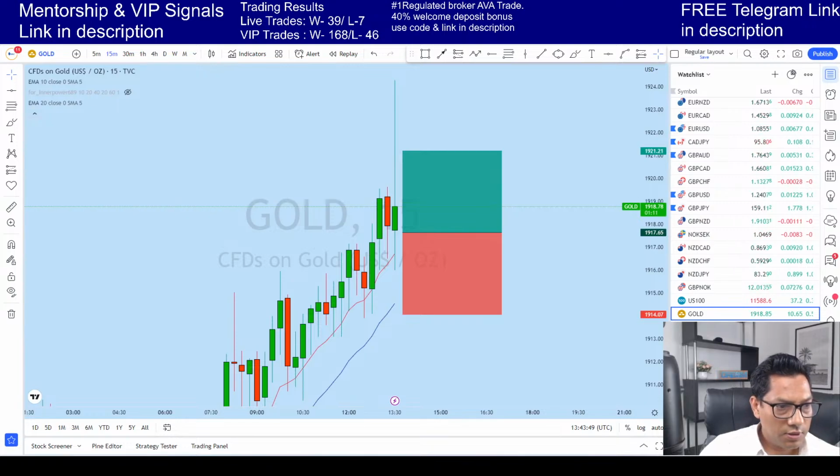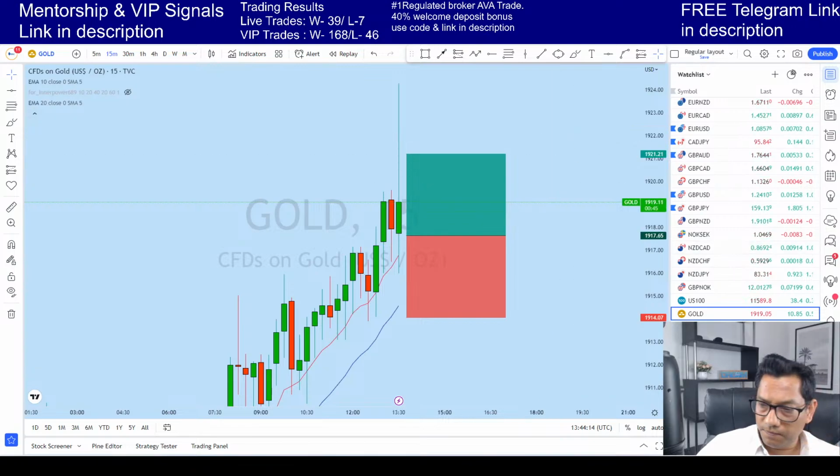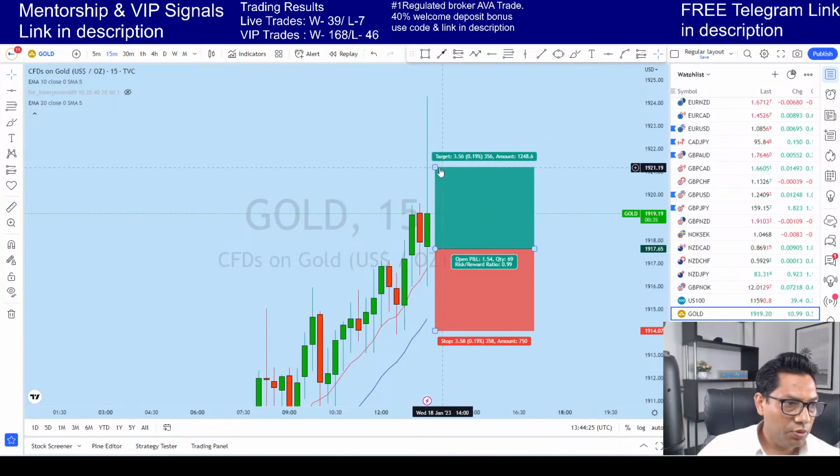The market is very volatile. Sometimes it might be difficult to find the exact entry, but I got a good move. The 15 minutes candle is basically bullish.